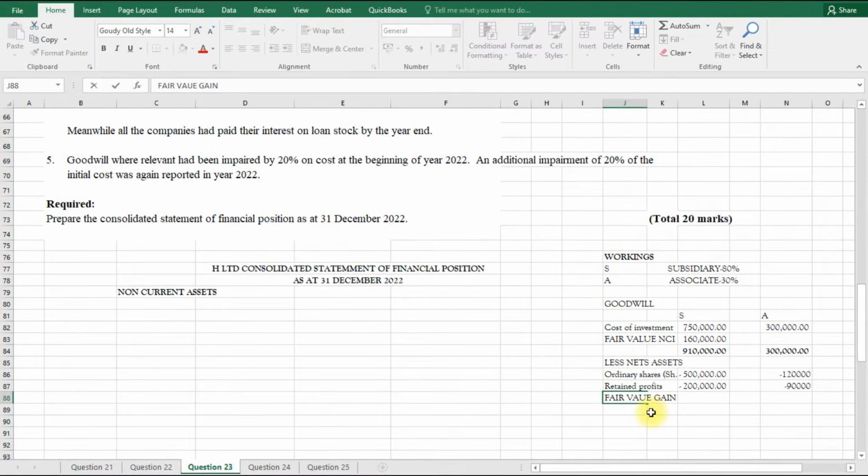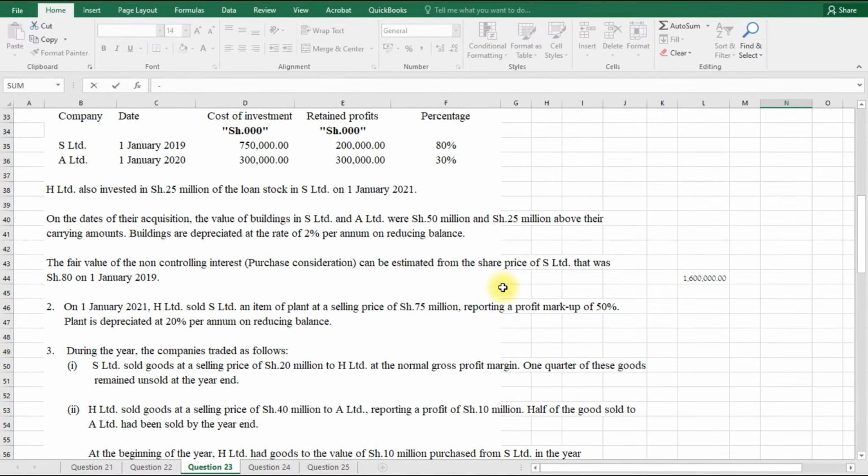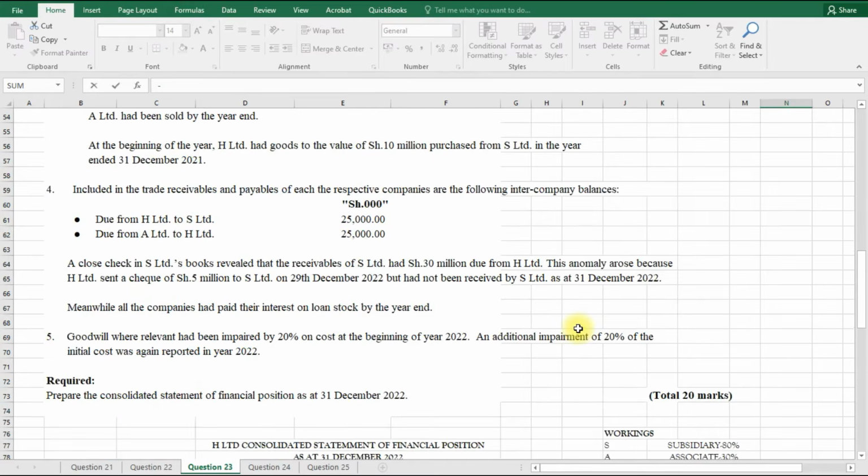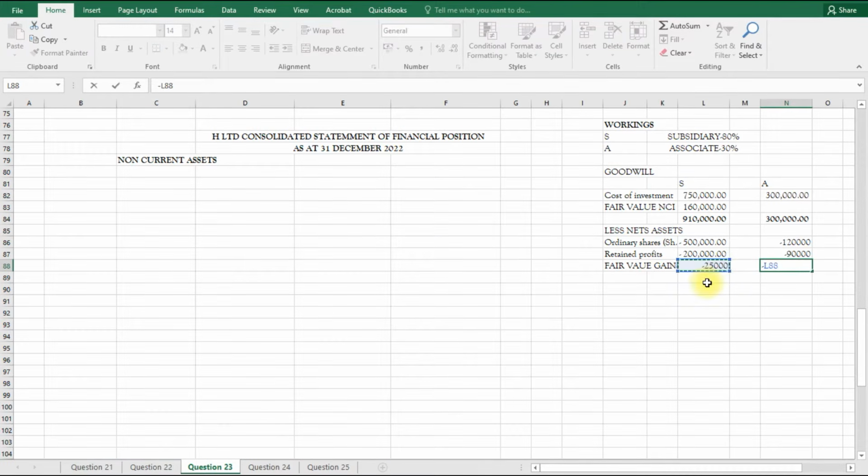So fair value gain, this one is for building. So this one we shall minus 25,000, and this one it was 25. So the first one was 50, sorry, this one will be 50,000, so minus 50,000.